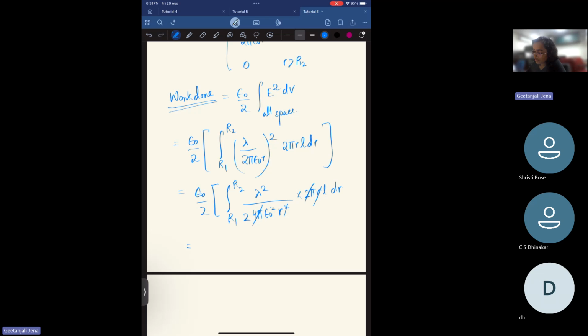So we have epsilon by 4, lambda square L, dr by r, from R1 to R2. One pi will also be here.